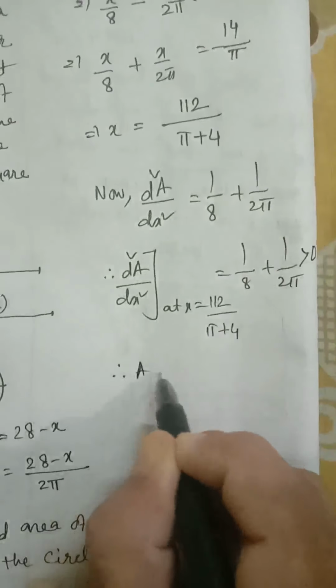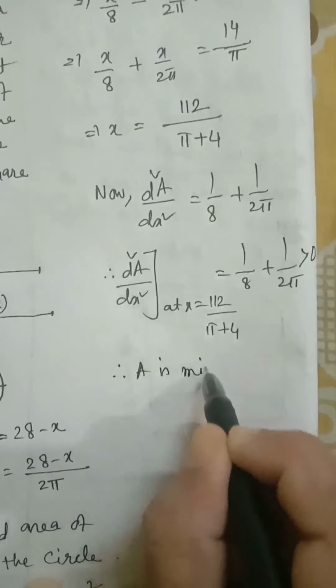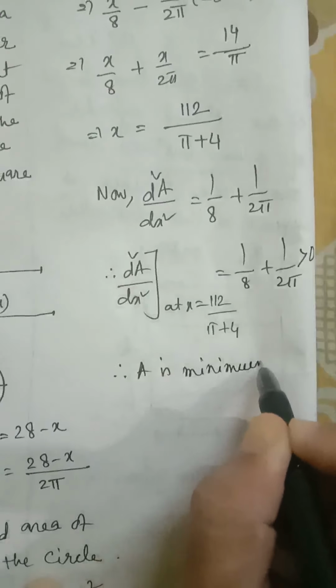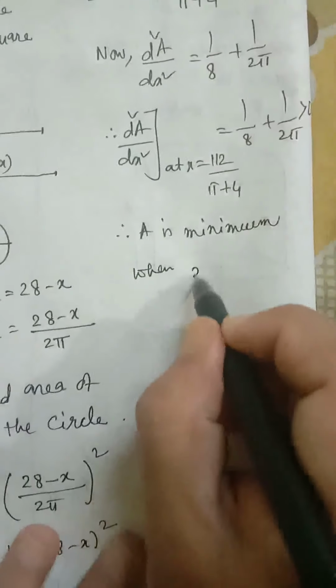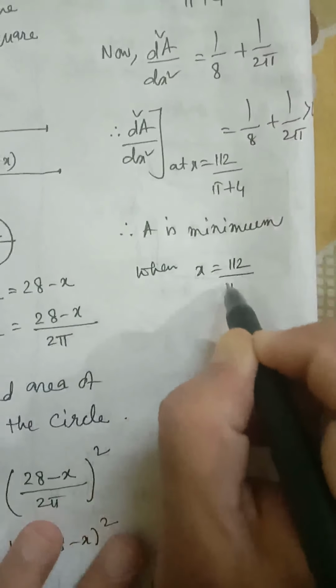Therefore, A is minimum. The combined area of square and circle is minimum when x equal to 112 by π plus 4.